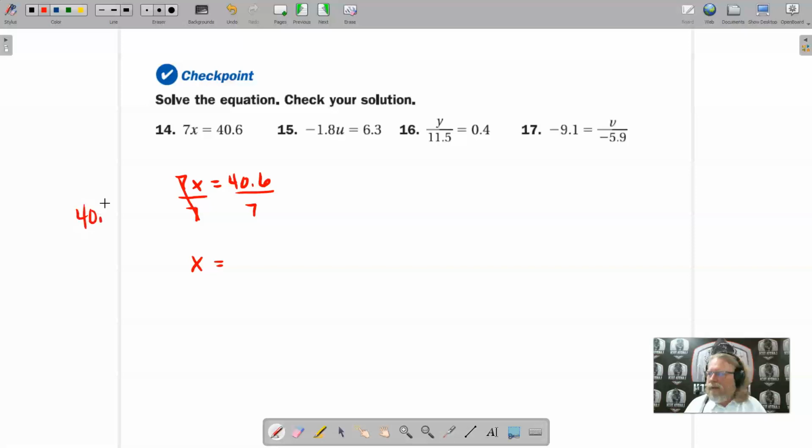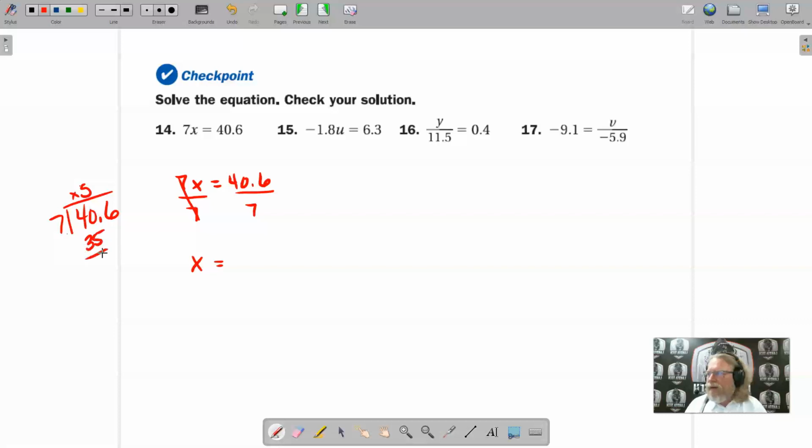So let's do 40.6 divided by 7. No need to move any decimals, right? The decimals already moved over. So 7 will not go into 4. 7 will go into 40. Not 7 times, not 6 times, but 5 times. So that would be 35.